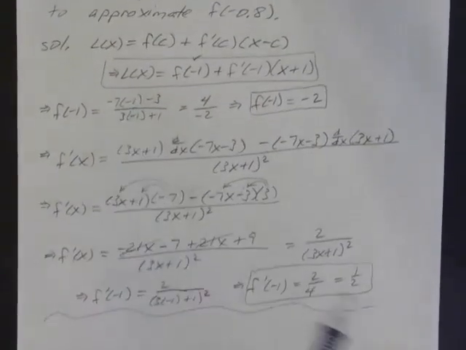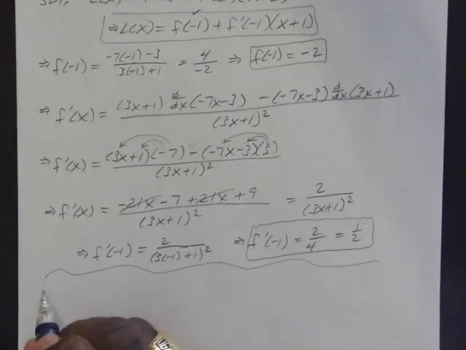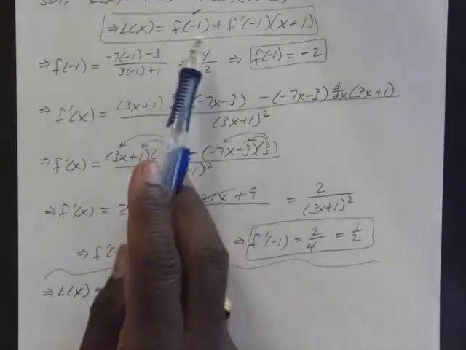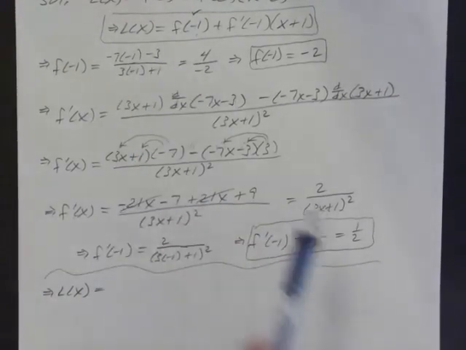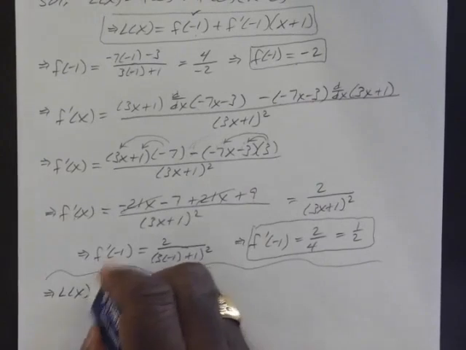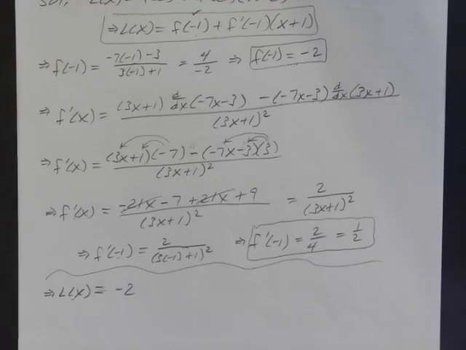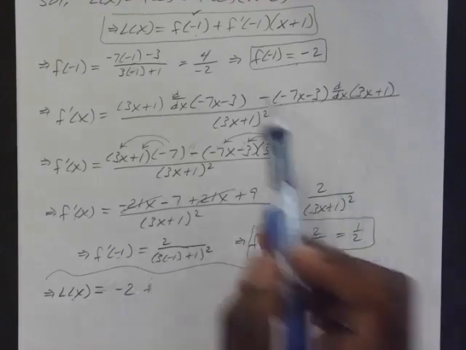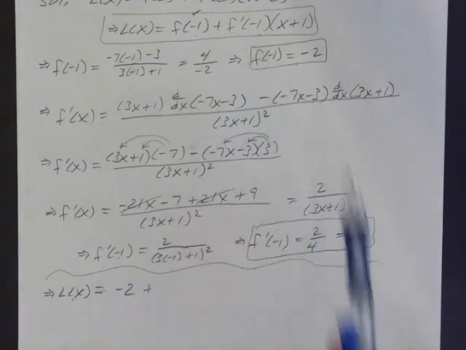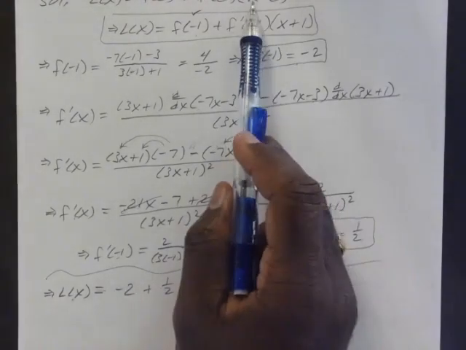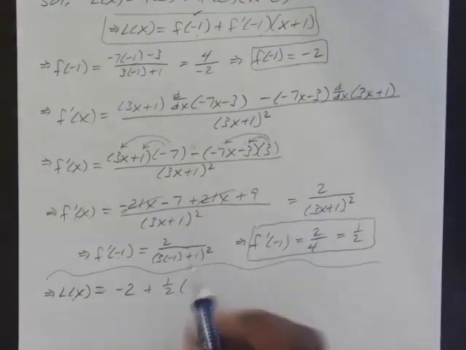So plug it in, that gives us L of x is equal to f of -1, which we know is -2, plus f prime of -1, which is 1/2, times x minus -1 or x plus 1.